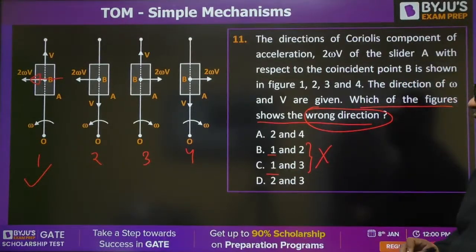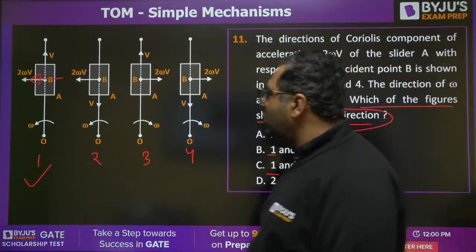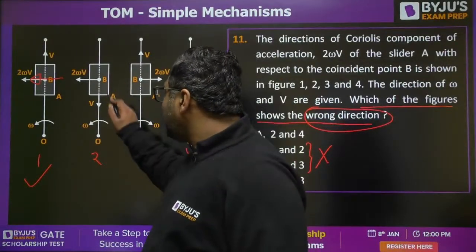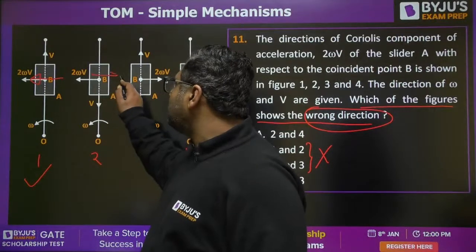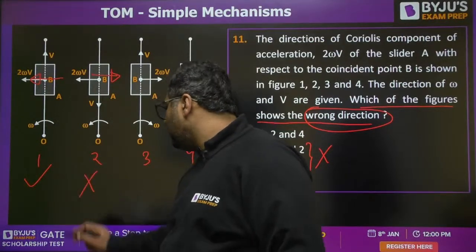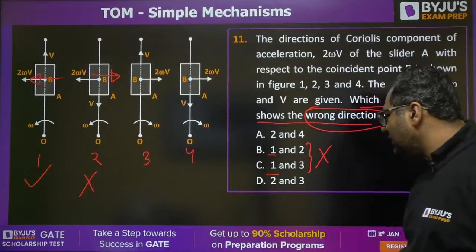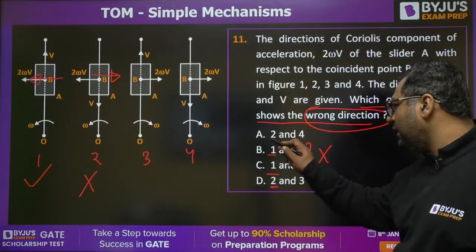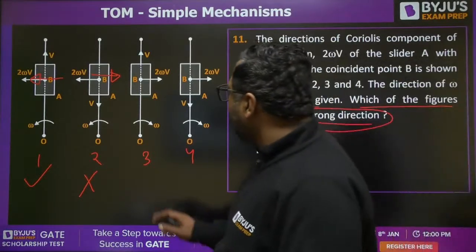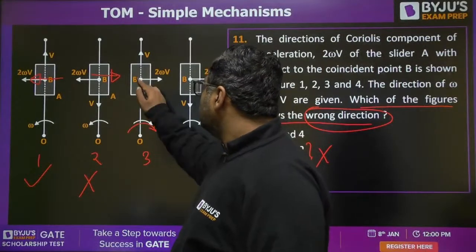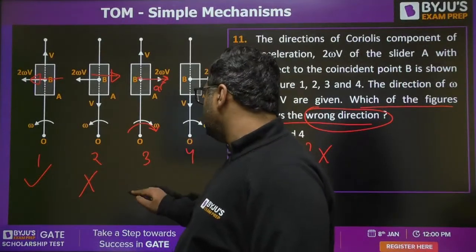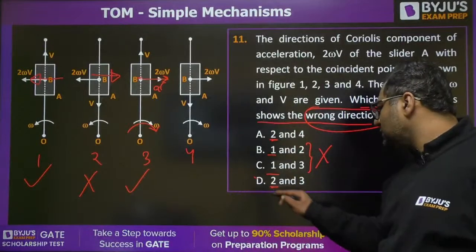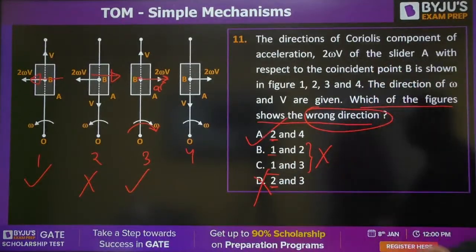Yes, very good. So now you will say 2. Here, this is the direction of velocity, so Coriolis will come in this direction. So this is wrong. So wherever 2 is there, that can be correct, here and here. Then we will see 3. This is clockwise, so this is the Coriolis direction. That is also correct. So this is also wrong. The answer would be A.